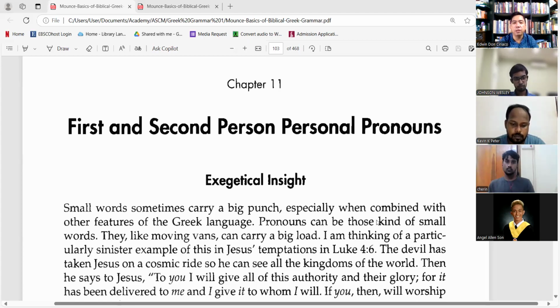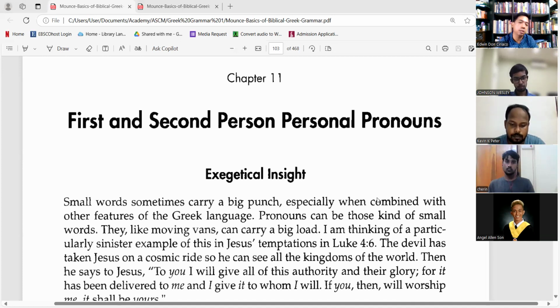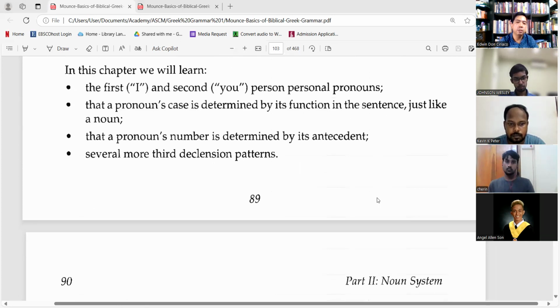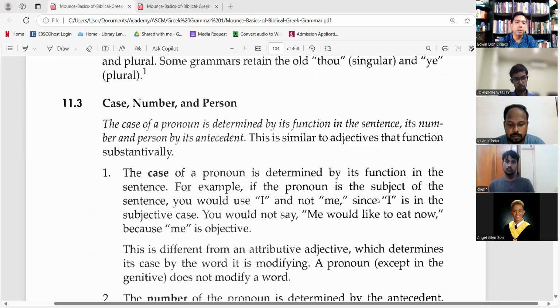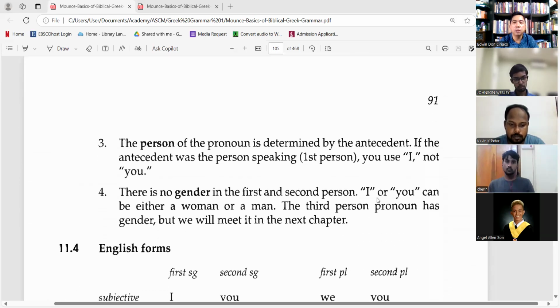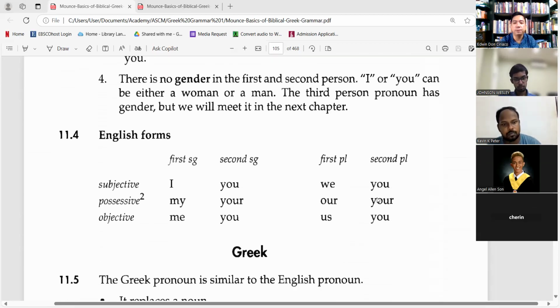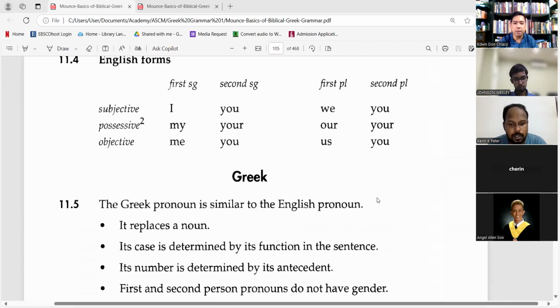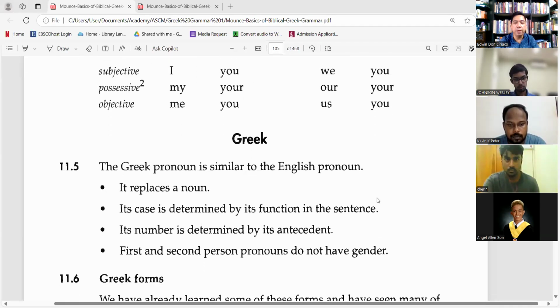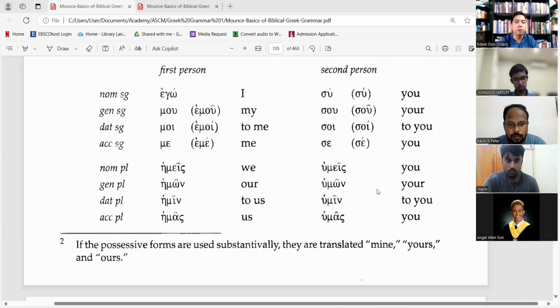So they represent the third person. But here it is the first and then the second person we are discussing. First person refers to the speaker. Second person refers to the listener, the person being addressed, the you form.